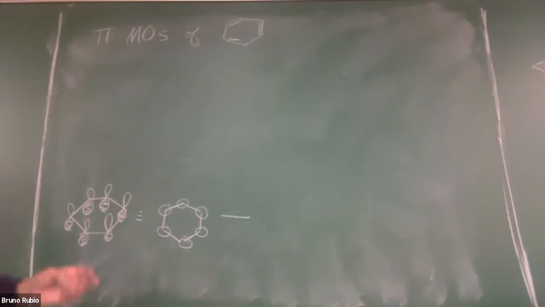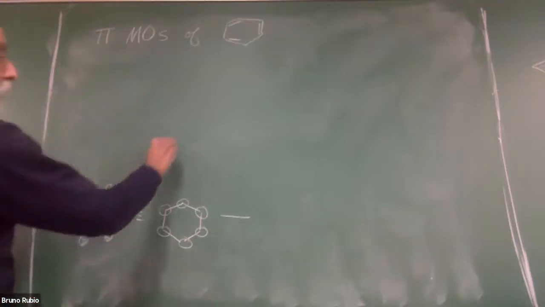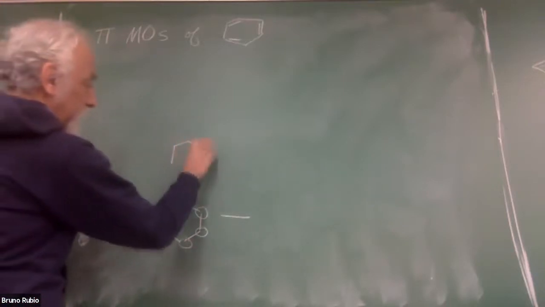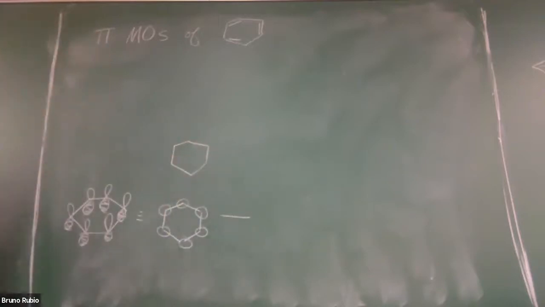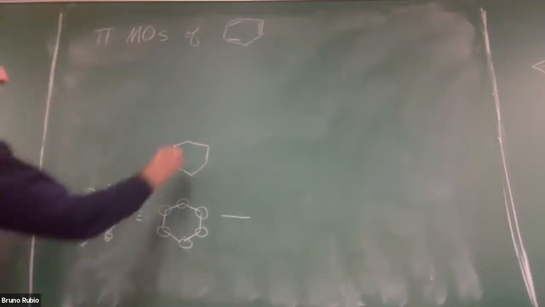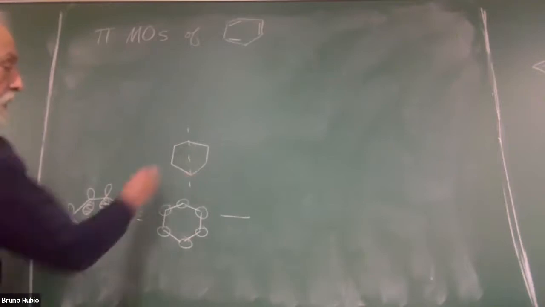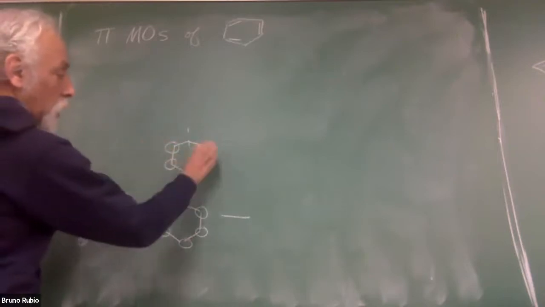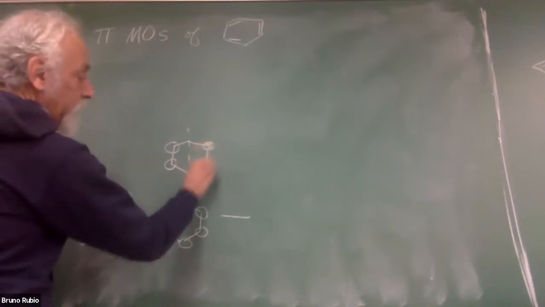The question is, how can I draw a dotted line in a symmetrical way through a hexagon? So there's my hexagon. I want to draw a dotted line through that, symmetrical, like this. Positive over here, cross the nodal boundary, negative over here.